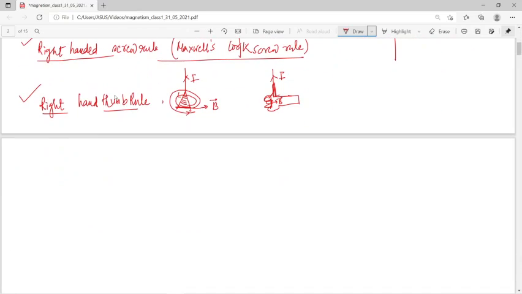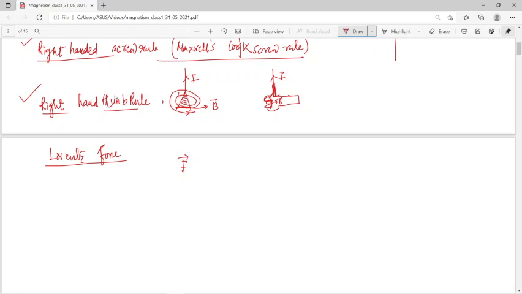So in that particular case, we introduce another thing, that is called the Lorentz force. In the case of Lorentz force, when a charged particle having a charge q moves in a region where both electric and magnetic fields exist, it experiences a net force, that is the Lorentz force.